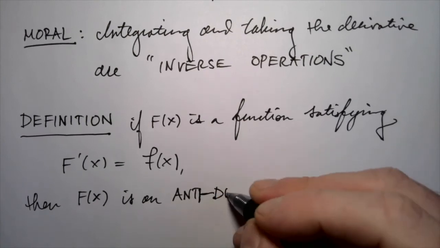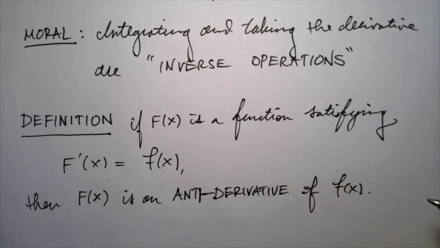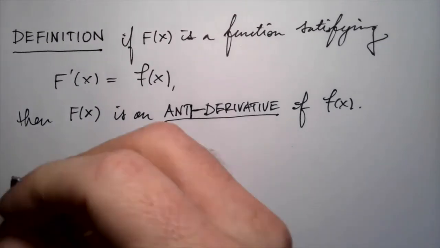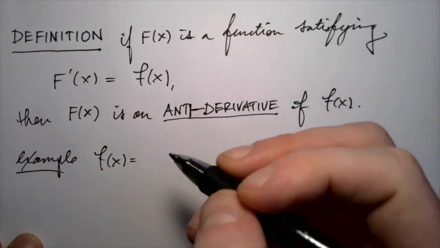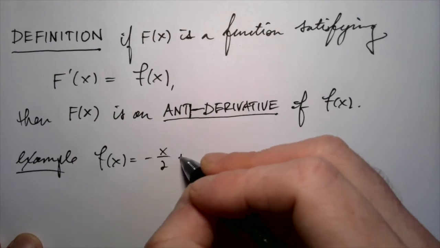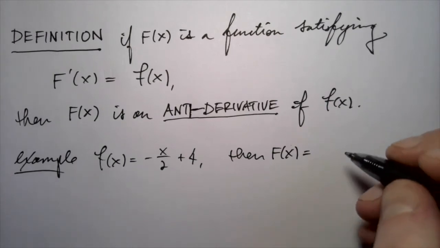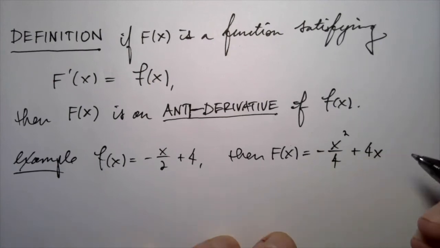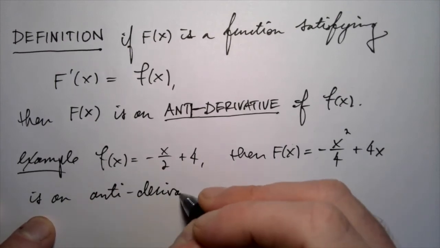That's the word, antiderivative, of the original function f of x. So I'm just giving us a name for that idea. And we've already found one example. We found it by doing area accumulation. So we saw that if lowercase f is the function minus x over 2 plus 4, then the function capital F, given by minus x squared over 4 plus 4x, is an antiderivative of that original function.